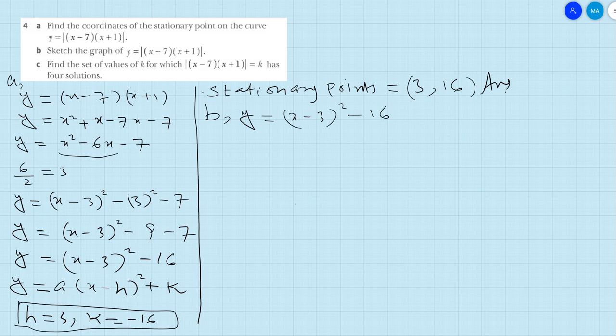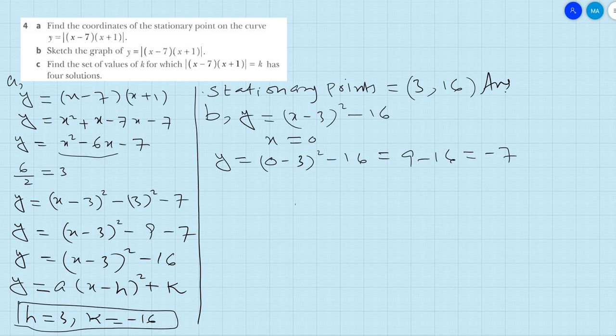First we put x is equal to 0. So y is equal to 0 minus 3 square minus 16, 9 minus 16 is equal to minus 7.